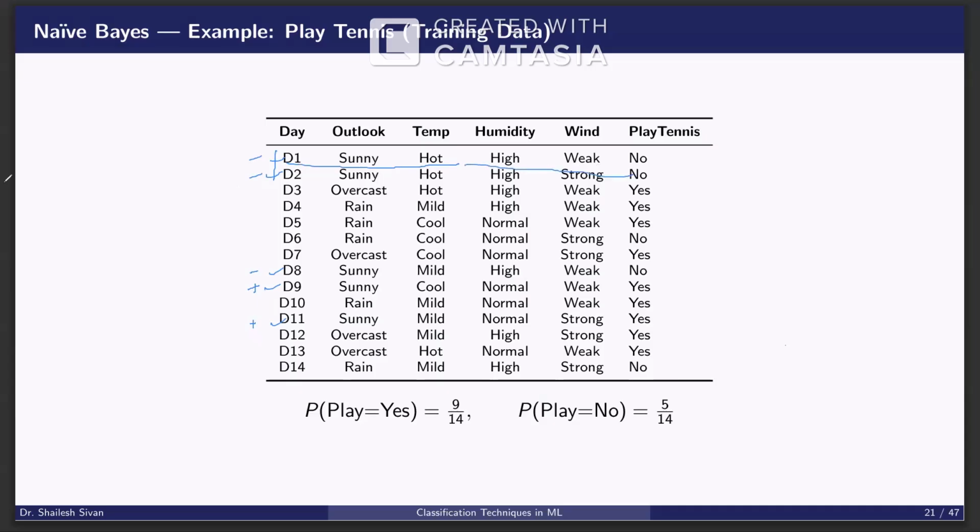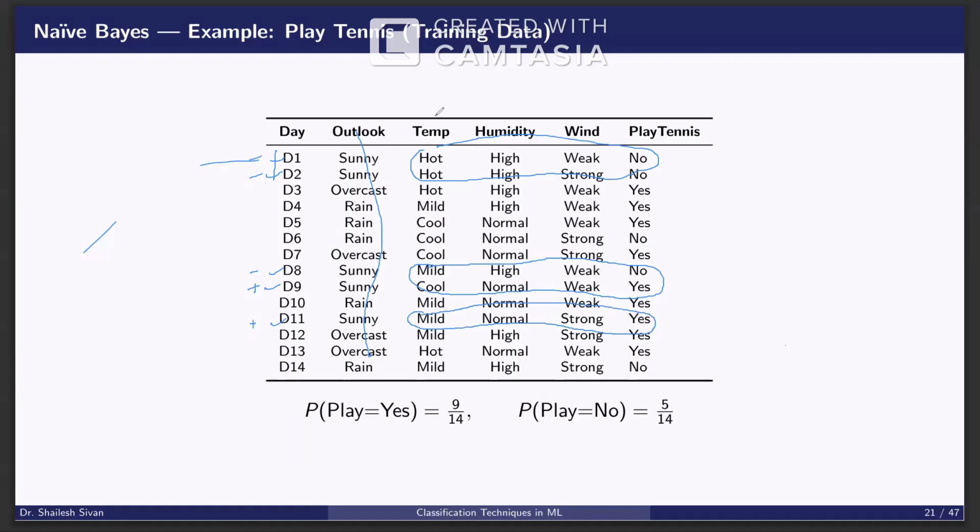So what is happening is, again, we can actually neglect Outlook now. Now the data we are having is this, this, and this, right?